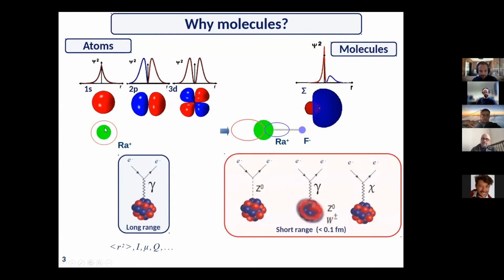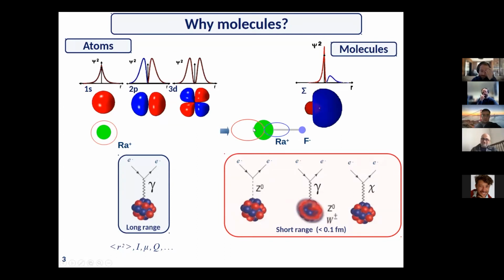Still, I break the symmetry. So now I have an orbit that still has access, with a good overlap, to the center of the nucleus. So I can be more sensitive to the short range electron-nuclear interaction, right?